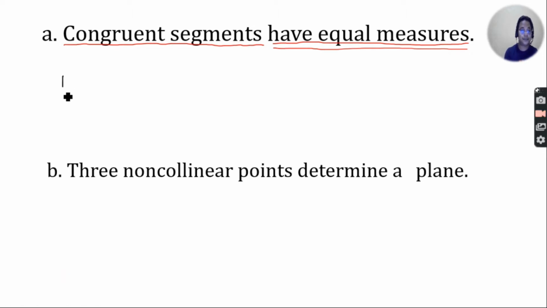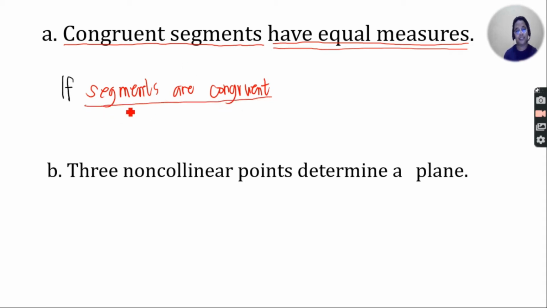So, magiging if. So, paano natin gagawing sentence itong congruent segments? So, ang gagawin natin, if segments are congruent. So, complete sentence na po siya or complete thought na po siya. Kasi ito siya. Meron na tayong subject, meron na tayong predicate.